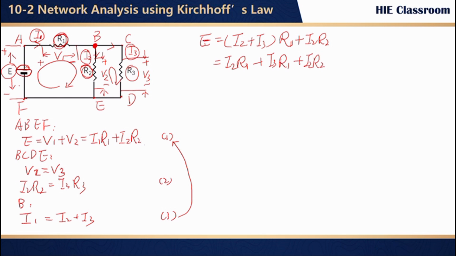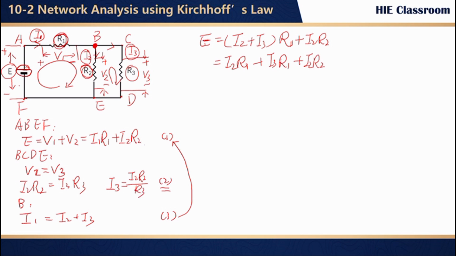So we have 2 unknowns. To solve it, we need to eliminate at least one of those. So how can we eliminate? Then we have to use equation 2 here. I2 R2 equals I3 R3 means we can find the relation between I3 and I2, like I3 equals I2 R2 over R3.